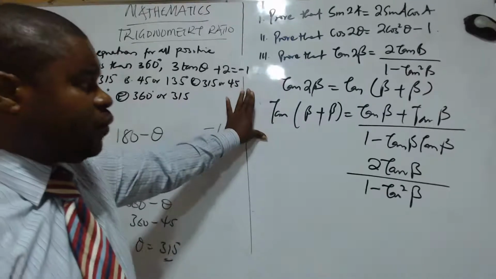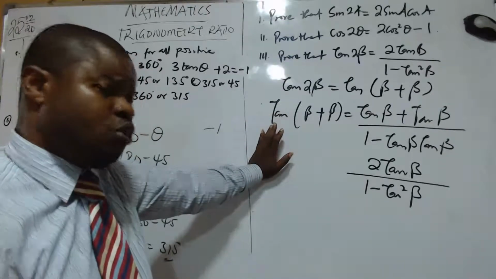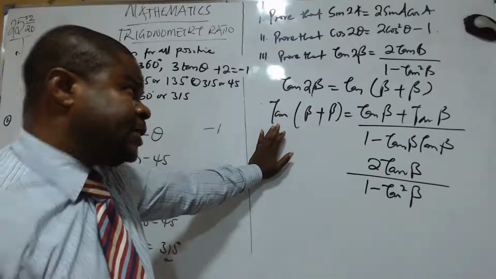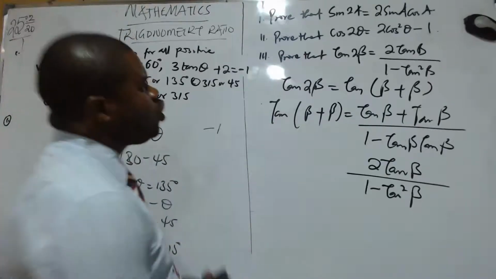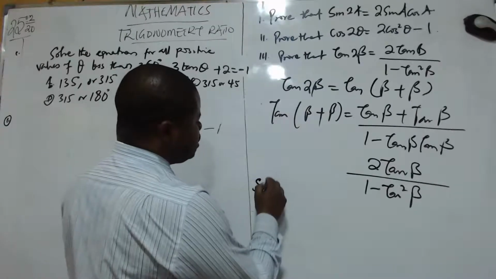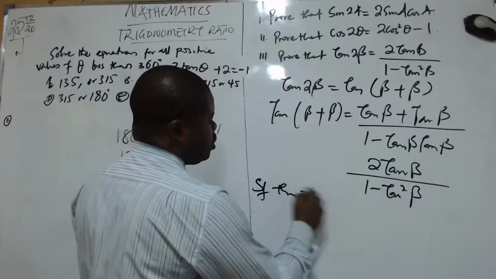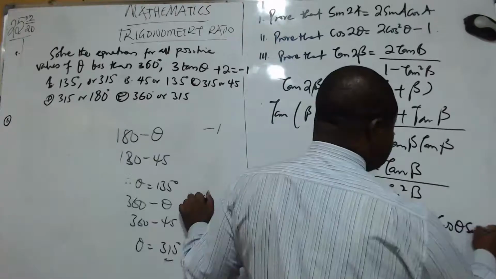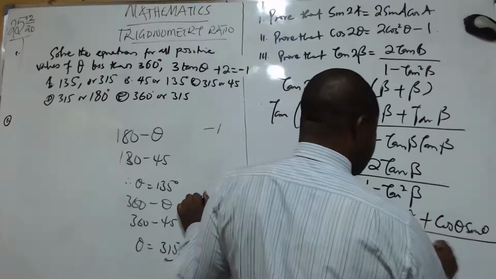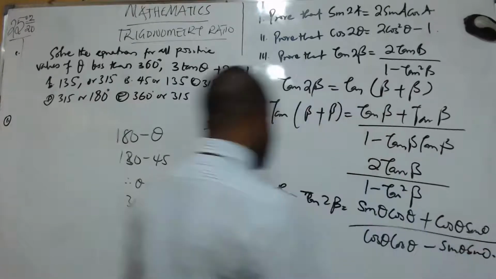Having known this now, this is the shortest method to solve this word problem, right? But sometimes in JAMB, they can say, okay, show that tan 2 beta equals sine theta over cos theta minus sine theta.